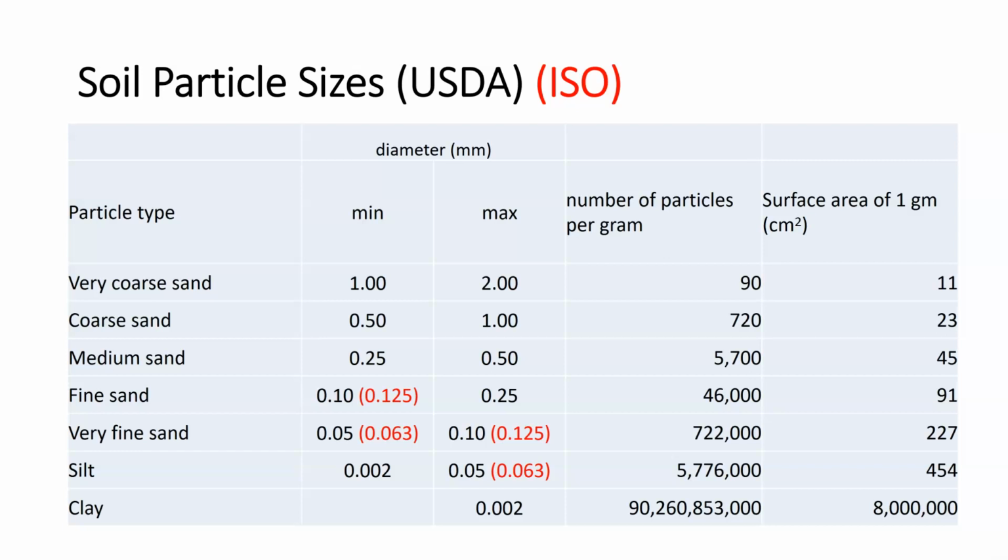454 square centimeters. The real kicker in there is clay, because once you get down to the clay size, you're looking at about 90 billion particles. You're looking at a surface area of 8 million square centimeters. 8 million square centimeters. If you take the square root of that, that comes out to 2,800 centimeters.